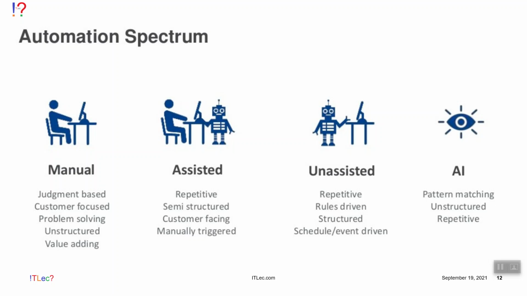Here we will speak about assisted and unassisted, or attended and unattended. Choosing between assisted automation and unassisted automation will depend on a variety of factors, including the type of work, automation goals, the amount of structured data, and the scope.